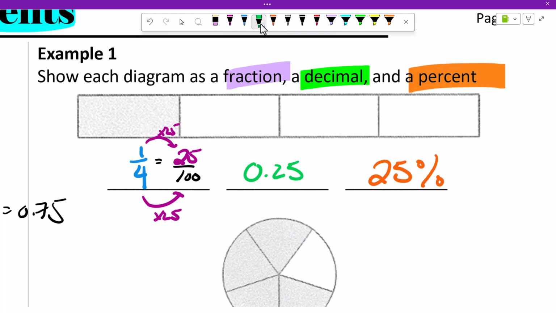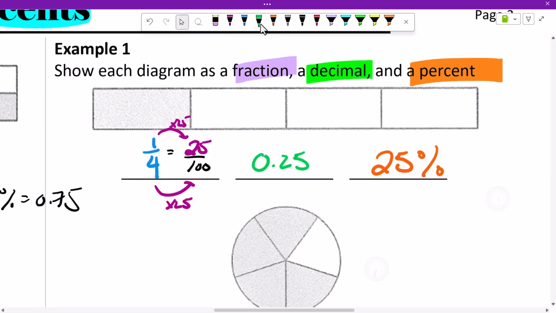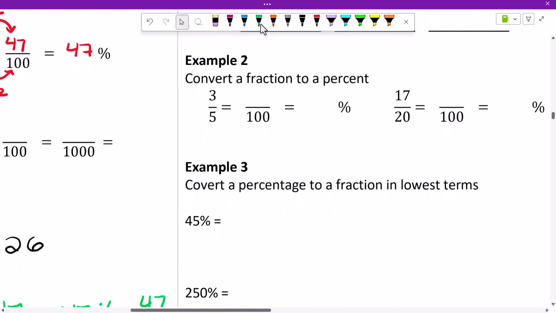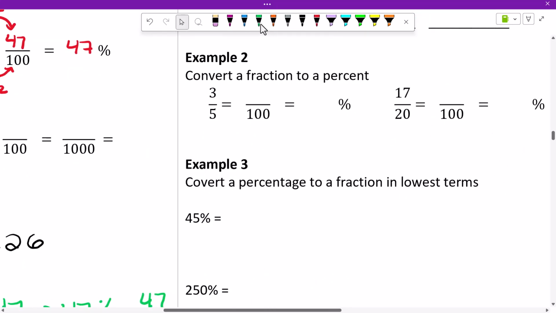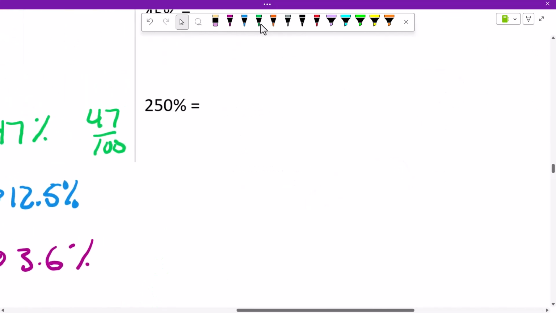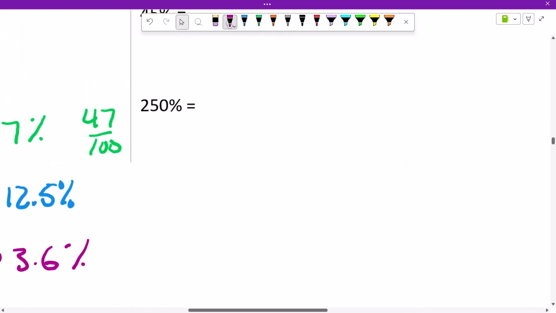All right. So now, this method works really, really well when you can convert that bottom number to 100 easily. Let's just go down here and use this space. If I gave you 5 over 7 like this, and said, what percentage is this?